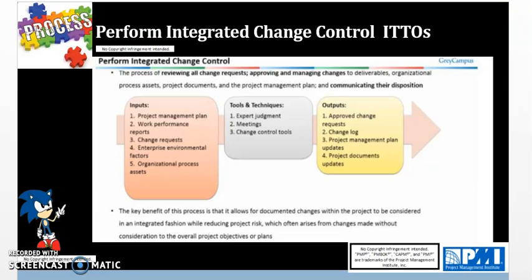So that's the whole point of perform integrated change control, to review all change requests to see if they are needed and approve or reject them to the deliverables, organizational process assets, documents, and project management plan, and communicate their disposition. Basically, what is the outcome of this change request, what the approval means, what the rejection means, and so forth.